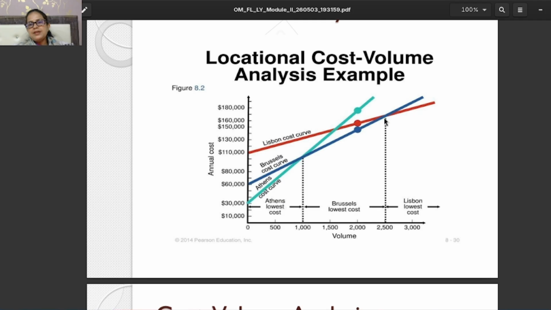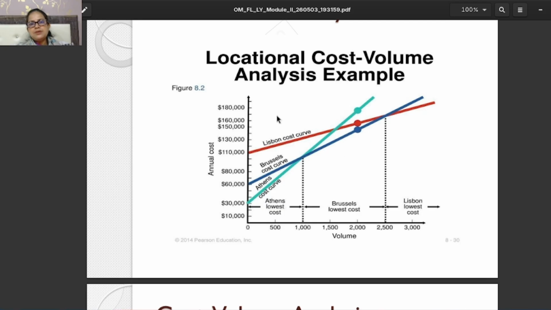After 2500, the cost of Brussels is increasing, but Lisbon cost is lower. So if we are producing more than 2500, then Lisbon is good. But till 2500, Brussels is good.